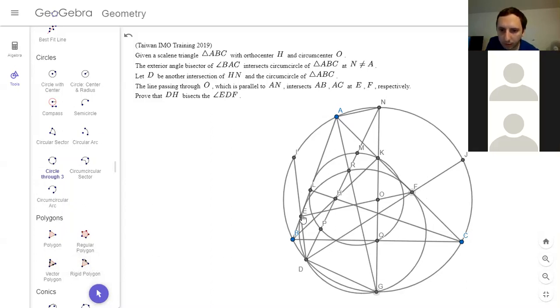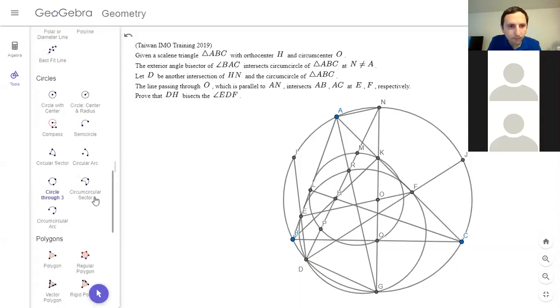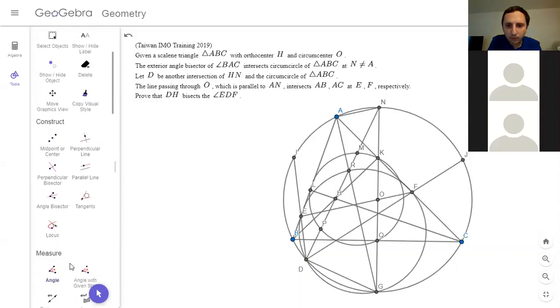We want to show GFC is equal to GDE, but GFC is equal to GEB. So basically we want to show DEB is AEF. Is that obvious? AEF, is that even true?